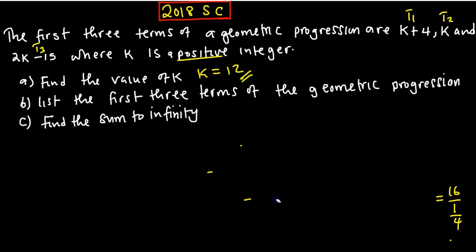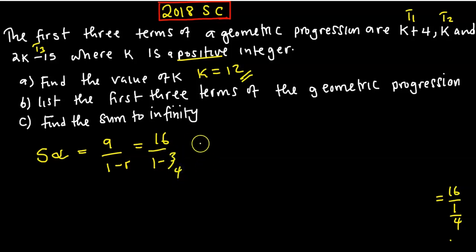16 multiplied by 4. What I'm trying to say is that sum to infinity is equal to a over 1 minus r, where the first term is 16. Then here 1 minus the common ratio, which was 3 over 4. Then 16 over, this down here becomes 1 over 4.